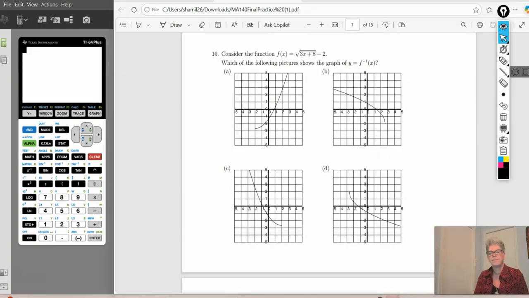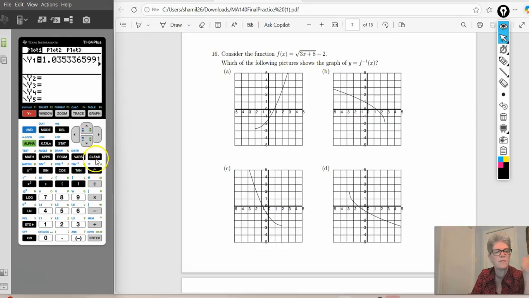Okay. They want you to consider this function, and they want to know which of these is the graph of its inverse. Okay, well, let's graph that one. So I'm going to come over here. I've got some old stuff in there, so I'm going to clear that up.